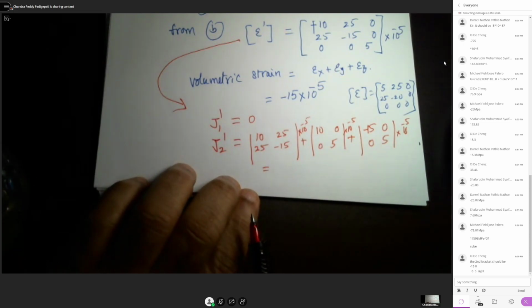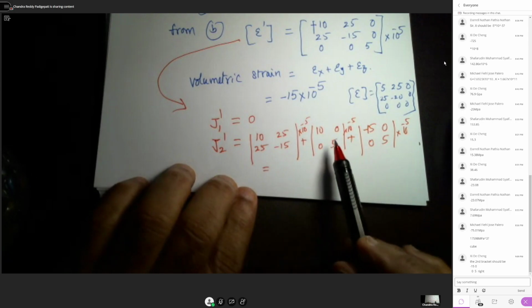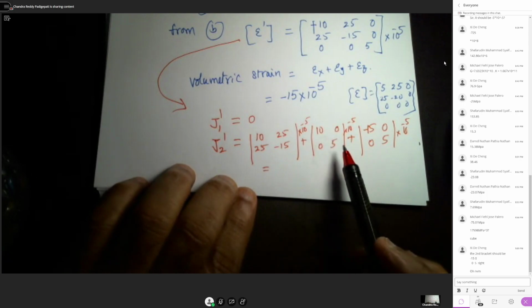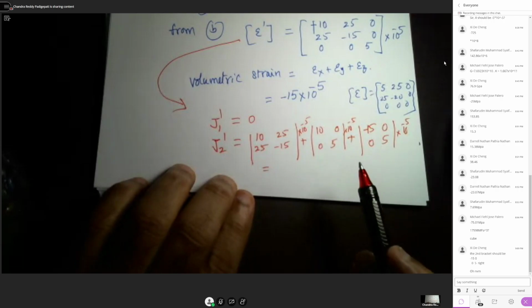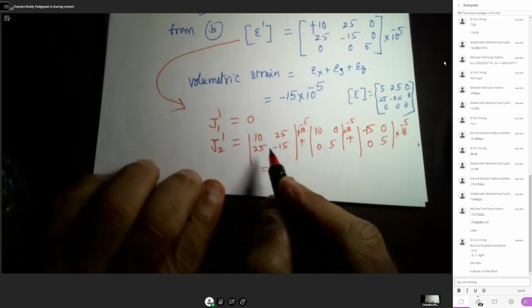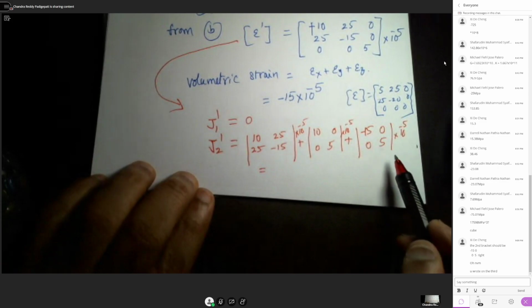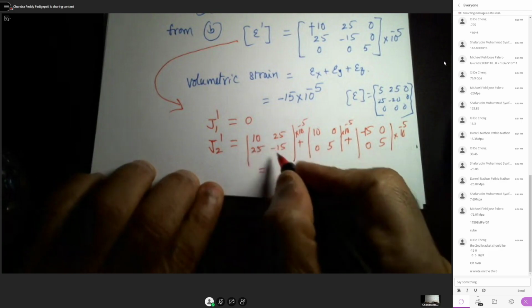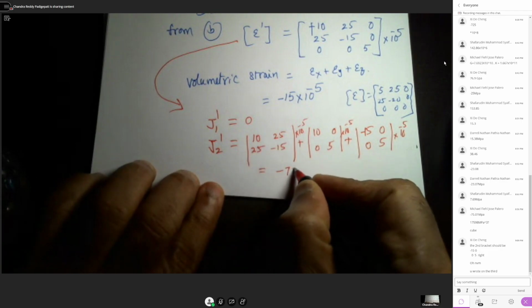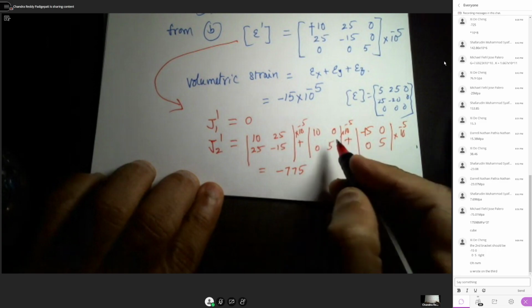The second one should be 10, 0, 0, 5. If you calculate the first one, I think you get negative 75.